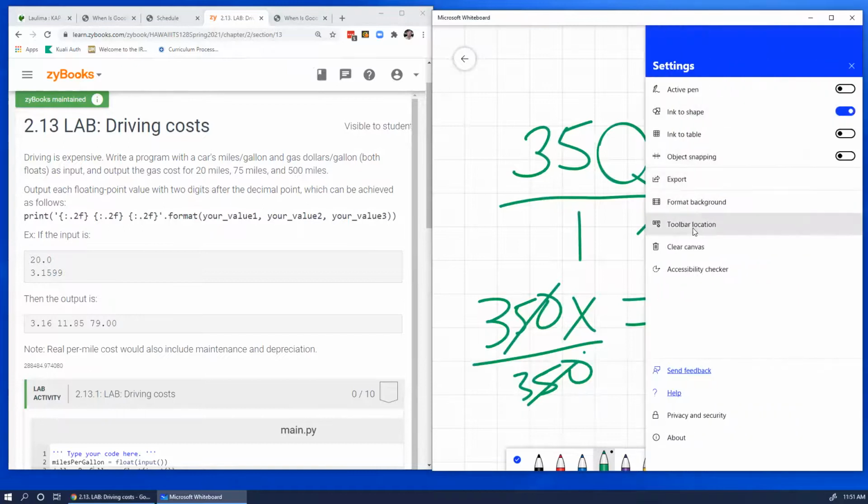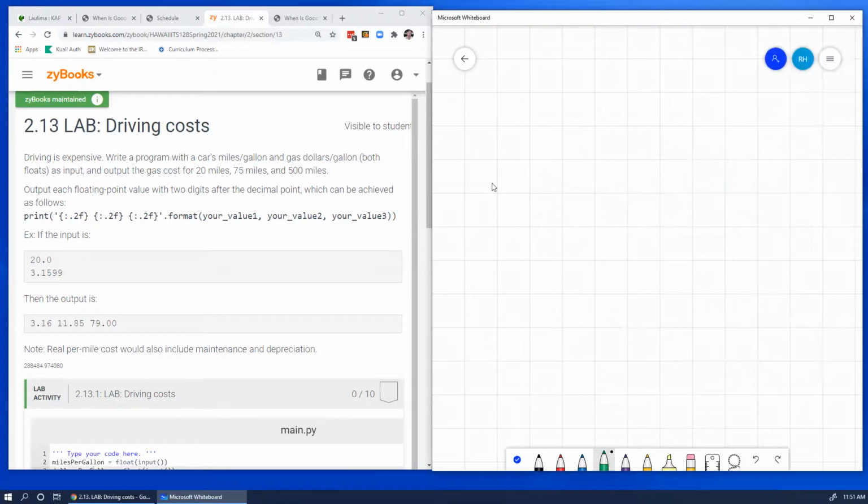So we have miles per gallon, and then we have dollars per gallon.